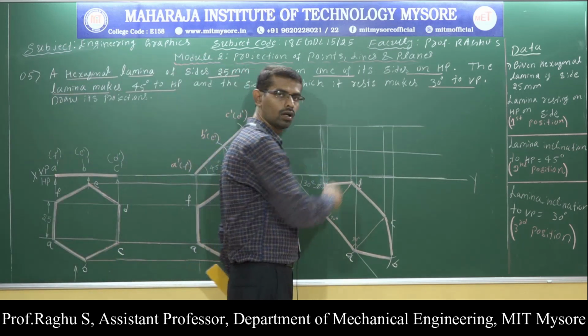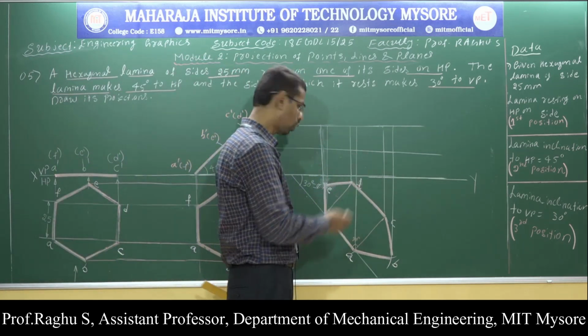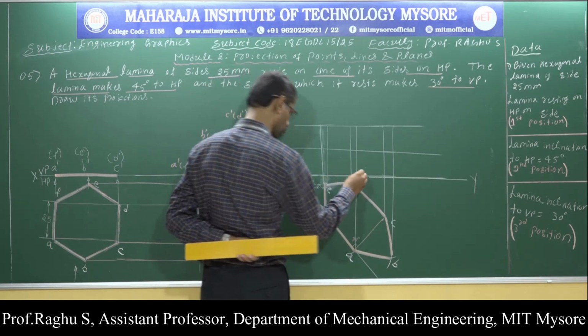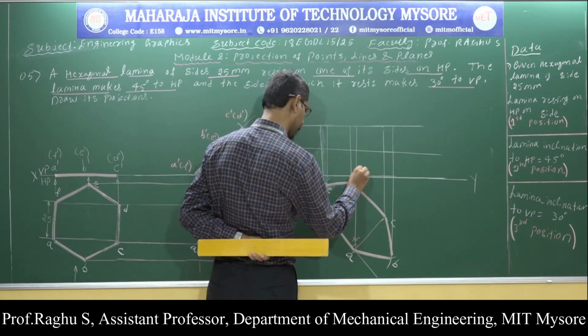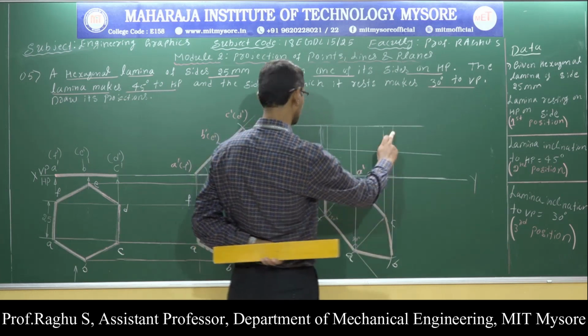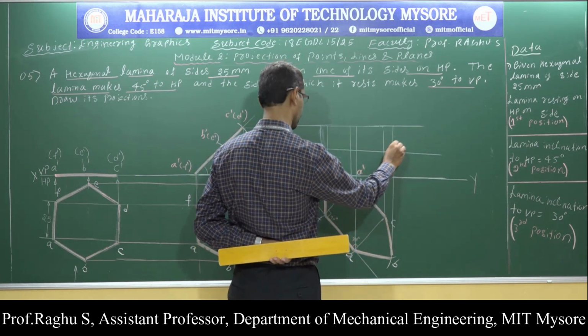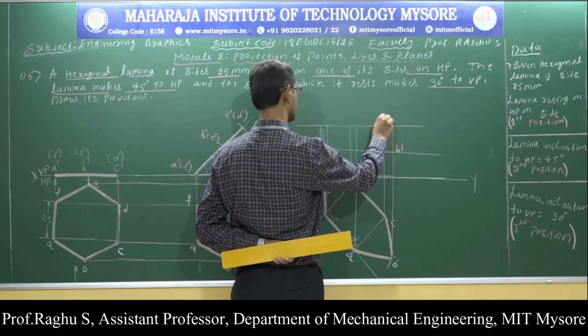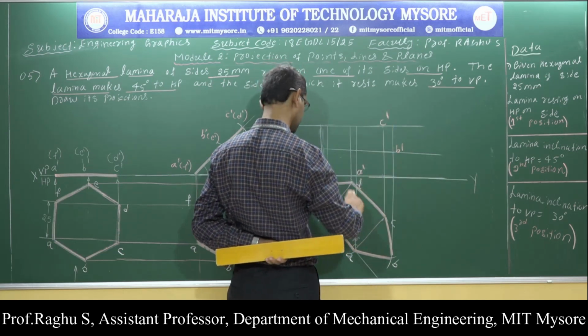Now here, do the naming. Vertical projection of point A, and this is the horizontal projection of point A. So this is A dash. Vertical projection of point B, horizontal projection of point B. So this is point B dash. Vertical projection of point C, and this is the horizontal projection of point C, C dash.